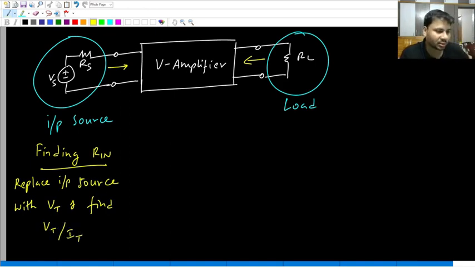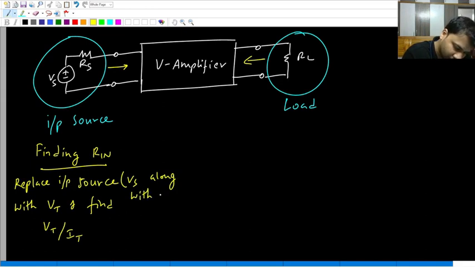In this example, when I say input source, I mean Vs along with Rs. When I say input source, I mean what? Vs along with Rs. Okay.